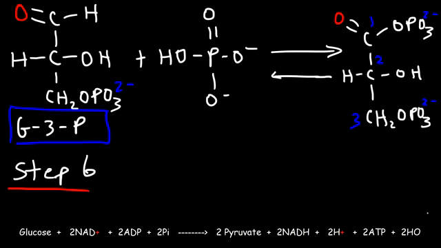Now what else do we know about this reaction? The conversion of G3P to 1,3-bisphosphoglycerate, is that an oxidation reaction or is that a reduction reaction? Now to give you a hint, in this reaction we have the conversion of NAD plus into NADH.